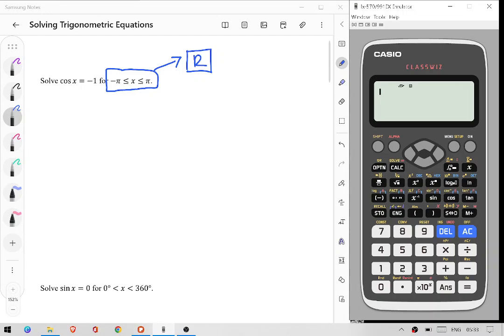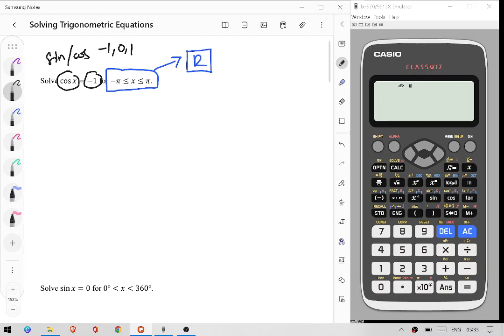Now we can continue. Next step is to see whether the equation is the easy one or the not easy one. What I mean by the easy one is if it's only sine or cosine, and if the number is minus 1, 0 or 1, then it is the easy one.